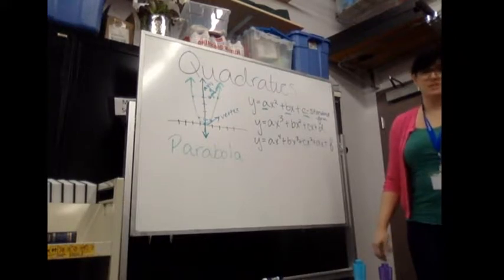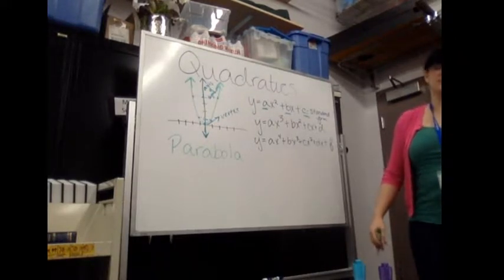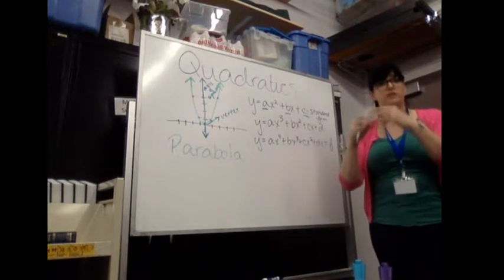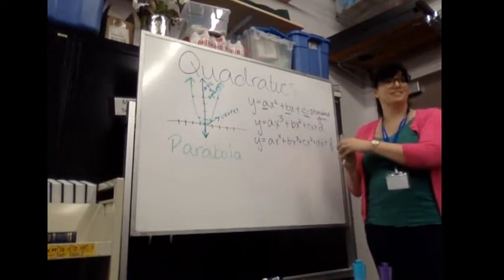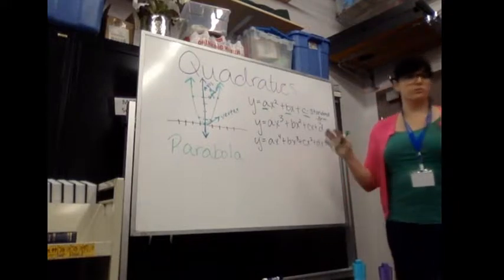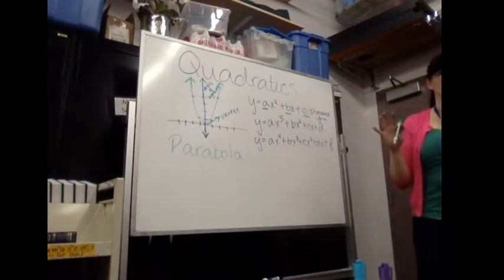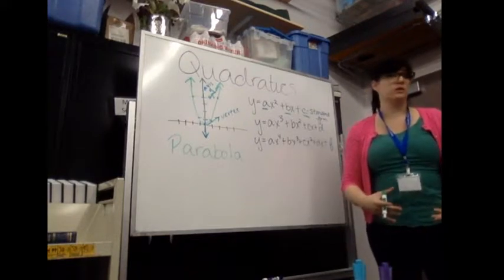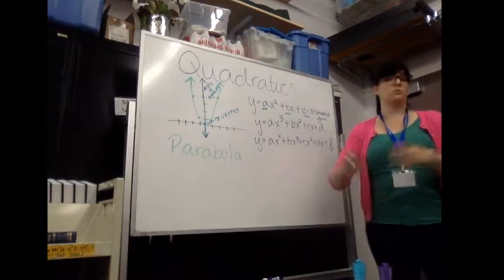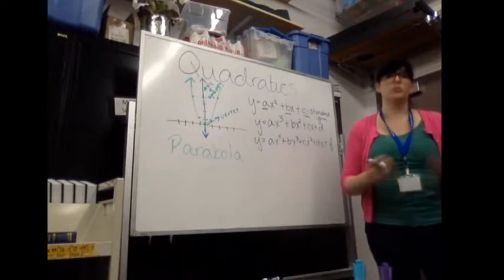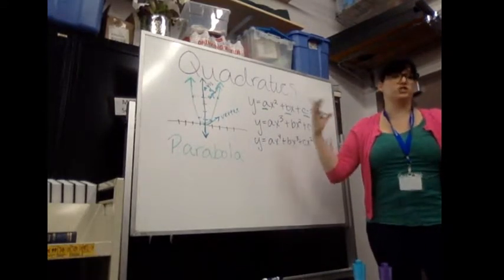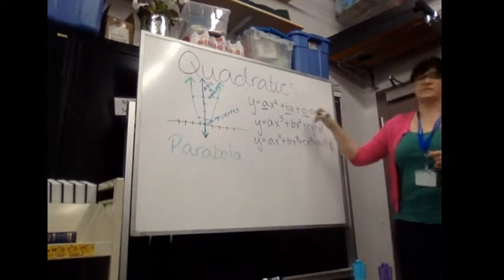Because x squared is still going to be x squared, and x is still x. So a, b, and c are what make each individual quadratic equation unique. Those are the only ones changing, so we're really interested in those numbers. They tell us a lot about what this particular quadratic function is doing. How wide is it? Where does it open? Does it open up or down? Is it shifted away from the axes? These are the numbers that dictate that.